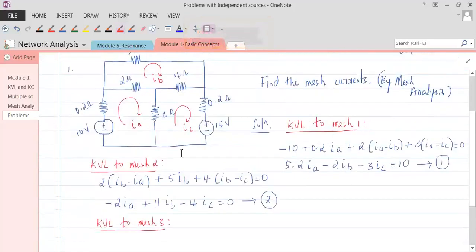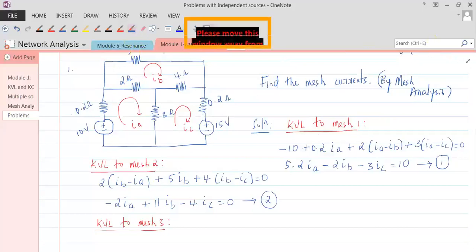Fine. Now, what happens now? We have to operate in this particular mesh. Okay, let's do that now.